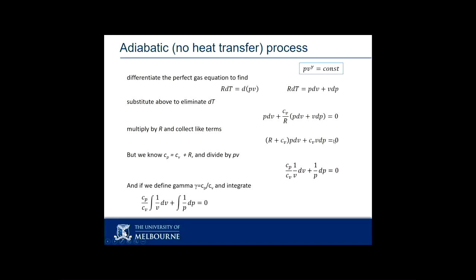Gamma is CP on CV, and I do my integral. I've got one nice integral that's a log and another nice integral that's a log. So I've got CV log V and CP log P equals some constant. I integrated, and so it doesn't equal 0 anymore, it equals a constant.